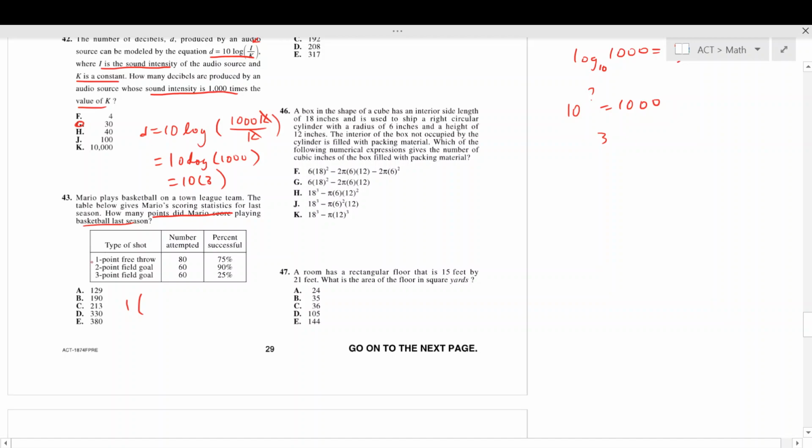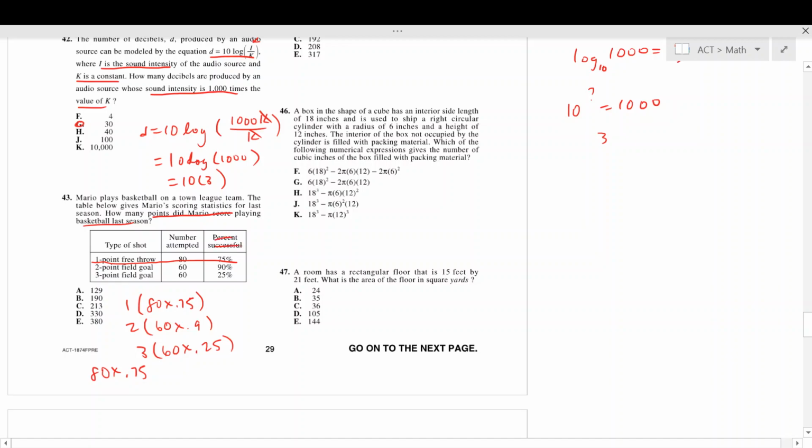Let's try to figure out how many he makes if he attempts 80 and gets only 75% of them. Then he makes only 80 times 0.75, right? So he gets 1 point for 80 times 0.75. He gets 2 points for the amount he makes, which is 60 times 0.9, and he gets 3 points for each shot he makes, which is 60 times 0.25.